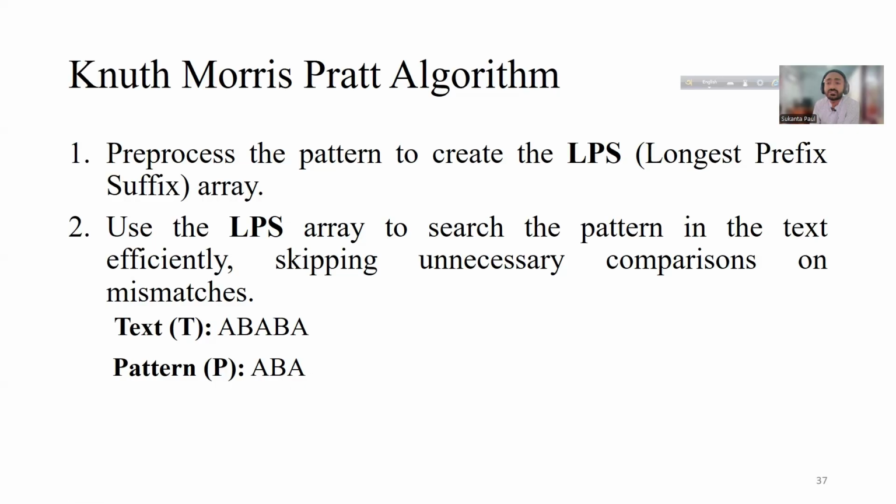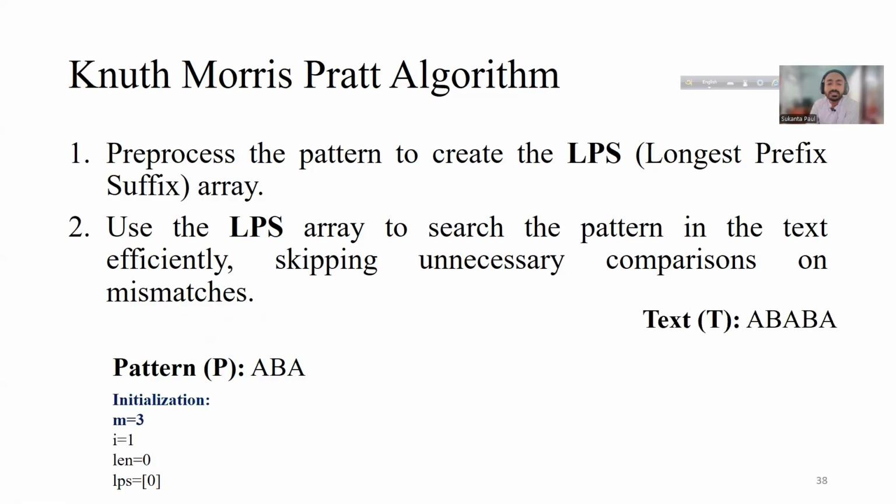So at first we have to create the LPS for the pattern P. The text T we will not consider at first. Suppose this is the pattern: text T is there and the pattern is ABA. So we have to create the LPS array. Initially, the length of the pattern P, which is M, is equal to 3, since there are 3 characters, ABA.